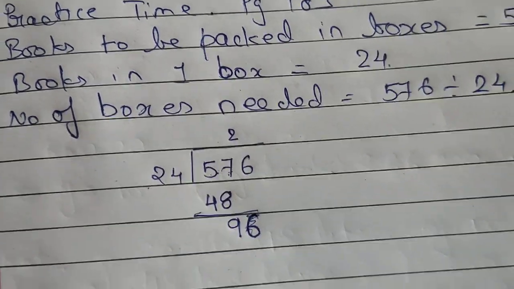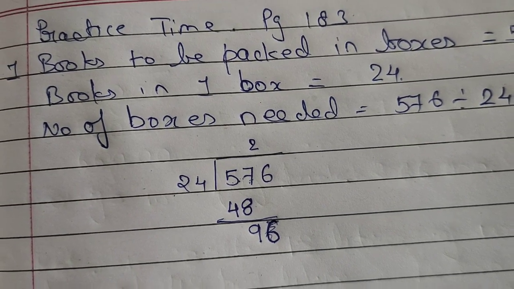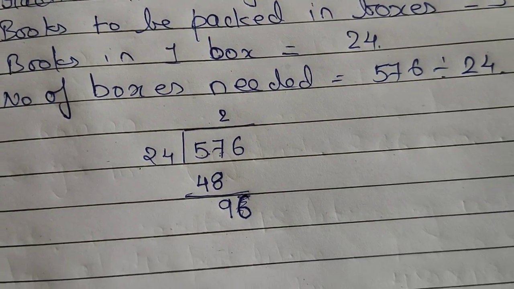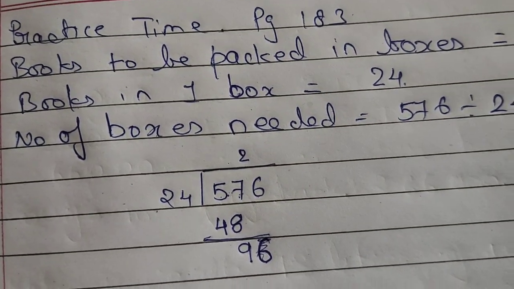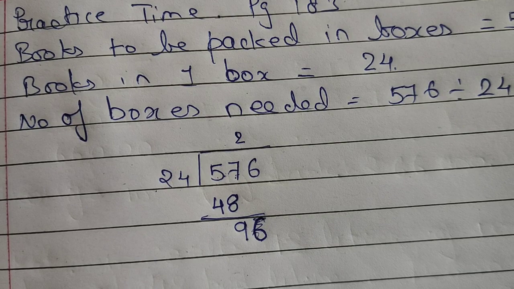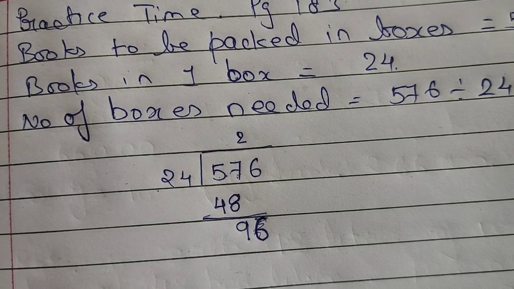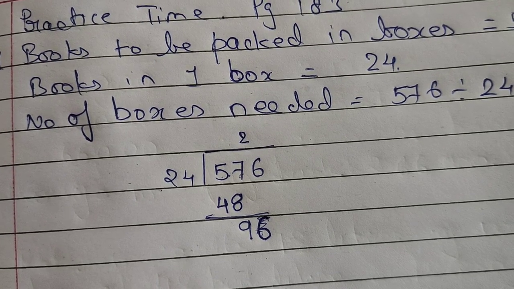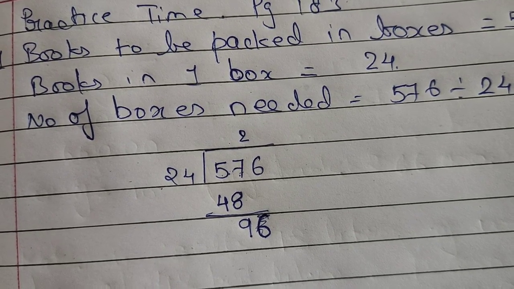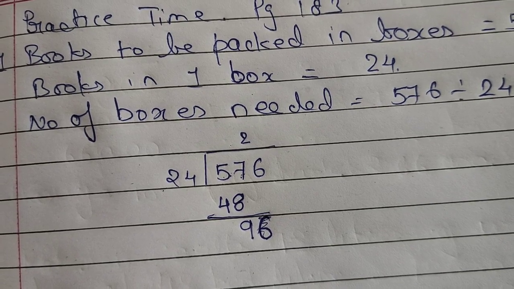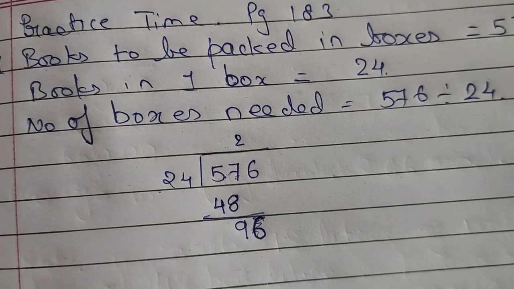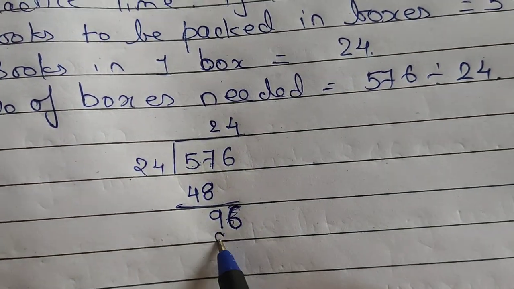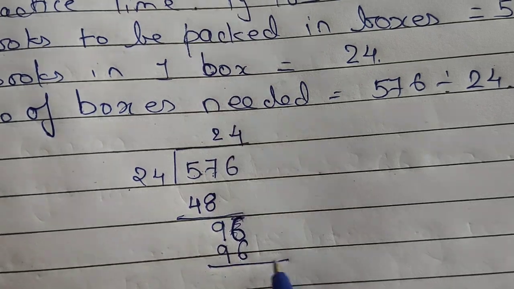Now 24, how many are 96? 24 4s are 96. Students, if you are not able to solve, you are supposed to multiply.